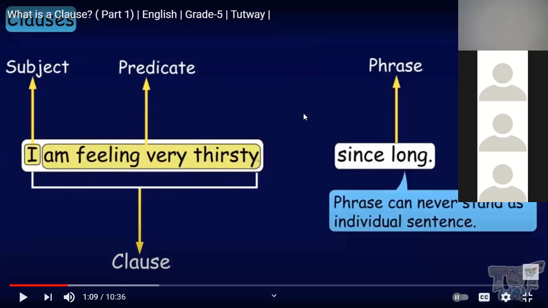"Since long": what type of phrase is it? There's a noun phrase, a verb phrase, an adjective phrase.